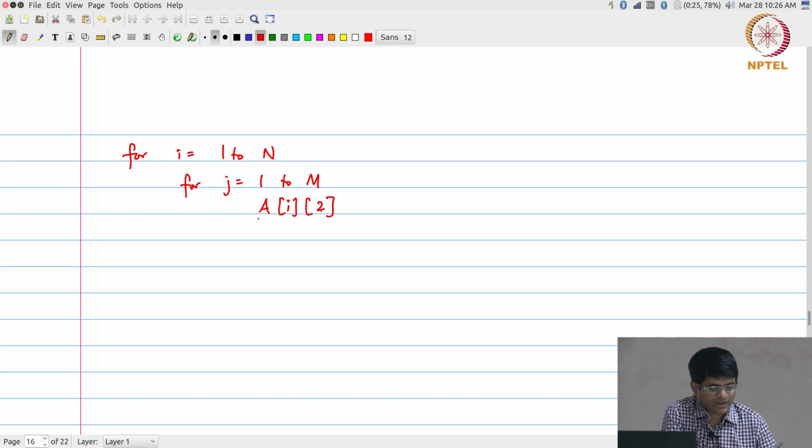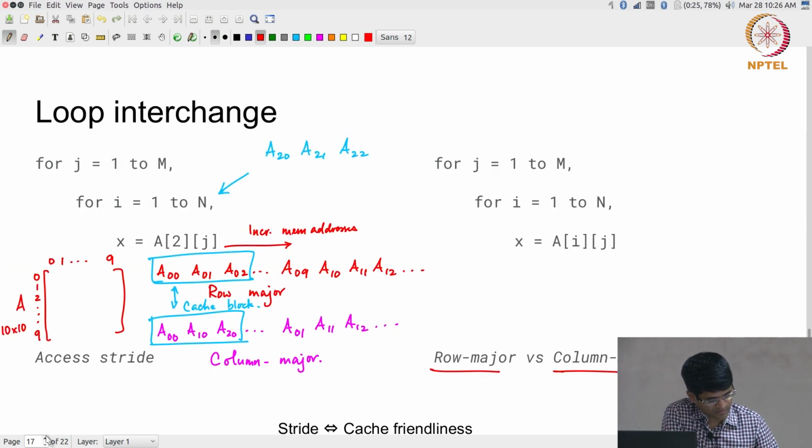What will happen over here is, I will first access a of 1,2, then a of 2,2. If I am writing a C program, I would like A12, A13, A14, A15 to be consecutive memory locations, but A12, A22, A32 are not consecutive memory locations.